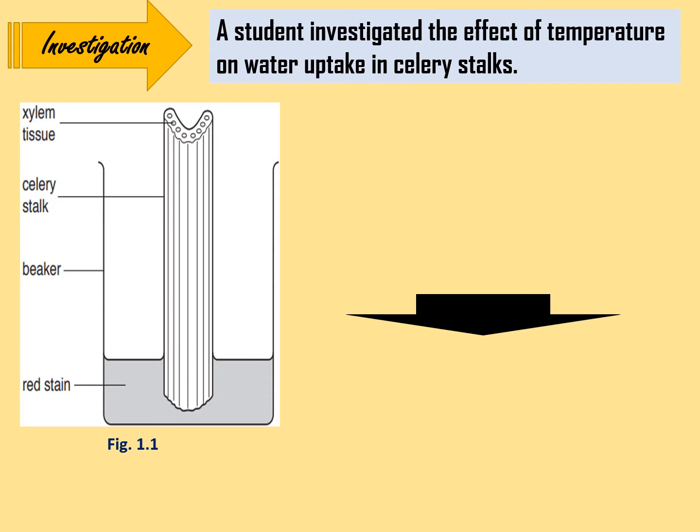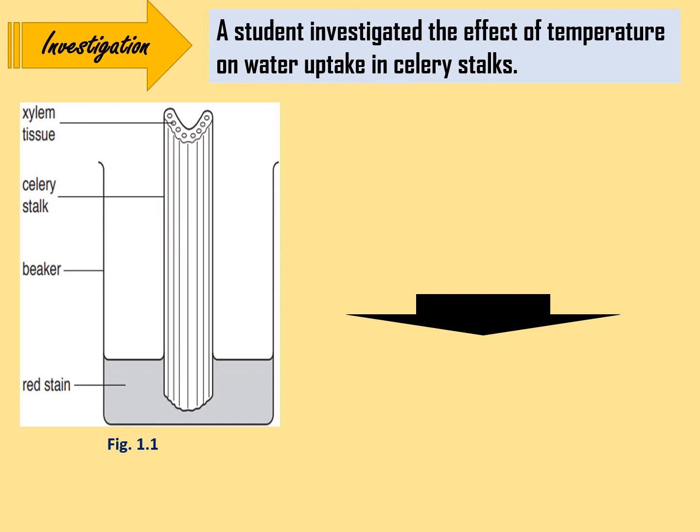In this investigation, we have the celery stalk and the red stain of equal volume, with warm and cold water. We will cut the celery stalks to equal size and volume and put them into the red stain for 10 minutes.